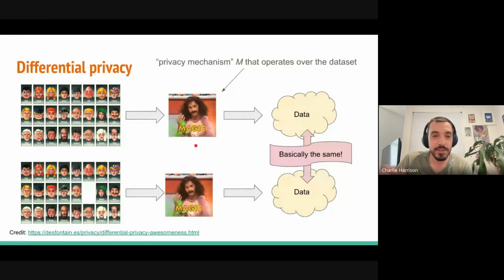This should make you feel comfortable, assuming the parameters you choose are strong enough, and we would hope this is enough to show that the system is private because your data did not really impact the end result.